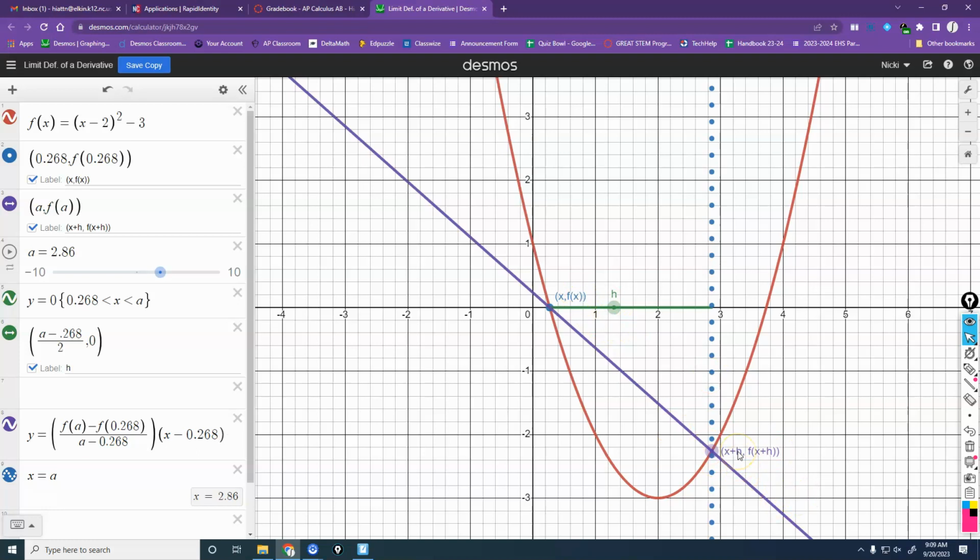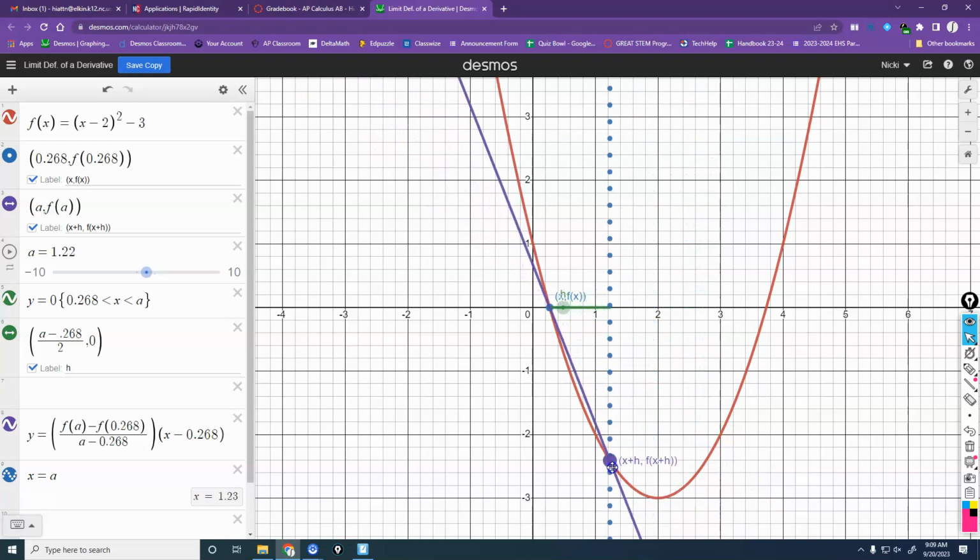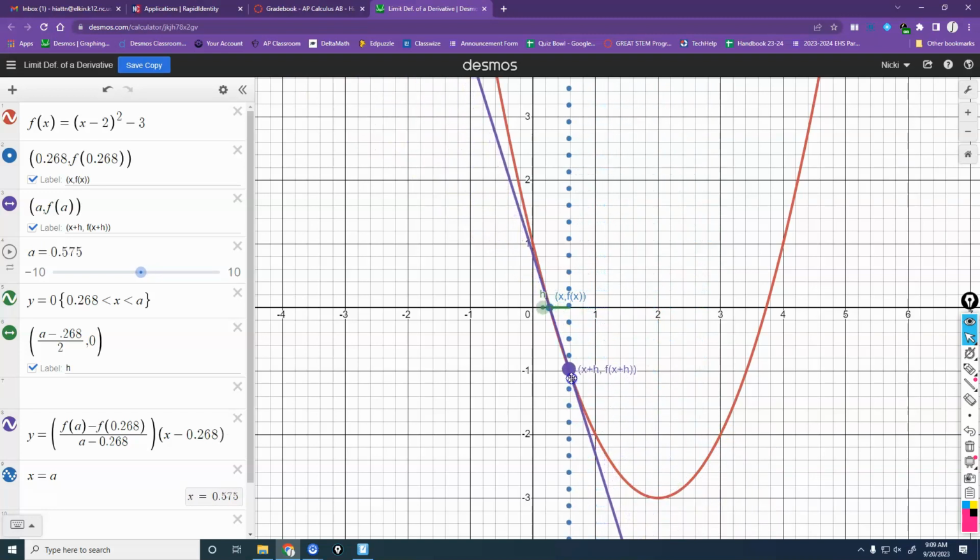Instead of having a be my fixed point, I've got an x, f of x, and then I've got this x plus h, f of x plus h. So when h gets smaller and smaller, my point right here will get closer and closer to the other point. So I'm getting closer and closer to having a tangent line.